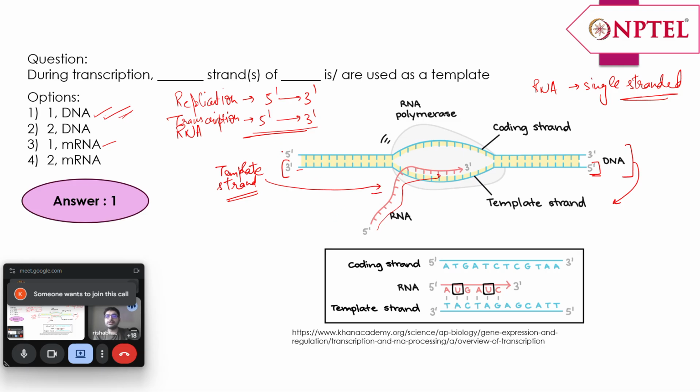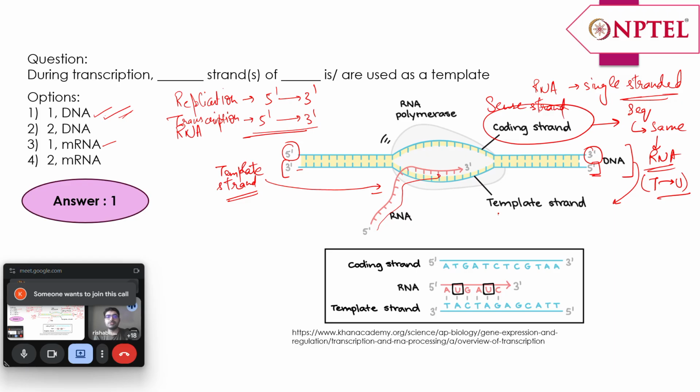And the other strand, the 5 prime to 3 prime strand, is called the coding strand, because its sequence is the same as that of the RNA, just with uracil in place of T. The other names for these would be the sense strand and the nonsense strand.